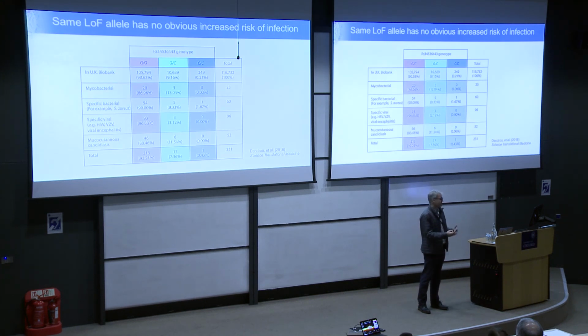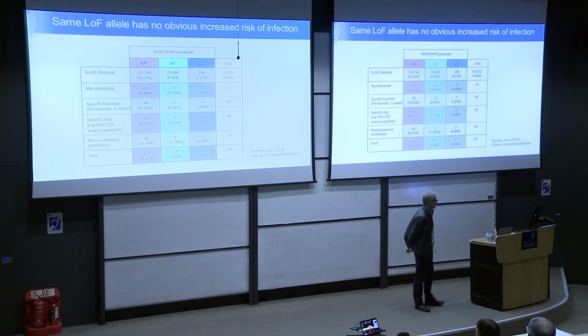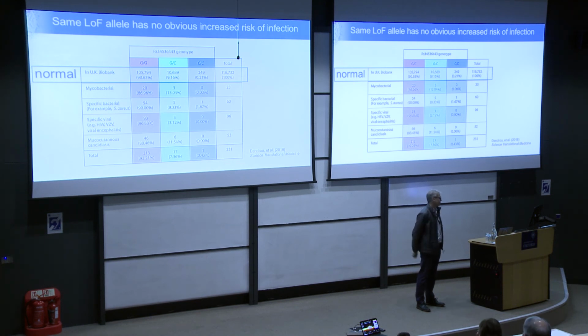So just in the last few minutes, turning towards biobanks and how you can use these same variants for pleiotropy scans. In that same paper, they looked and used the UK Biobank, and what they showed is that in otherwise healthy individuals, you have a particular allelic distribution. But if you look at specific individuals who have had different types of infections, you can ask the question, is there an association with risk of infection?